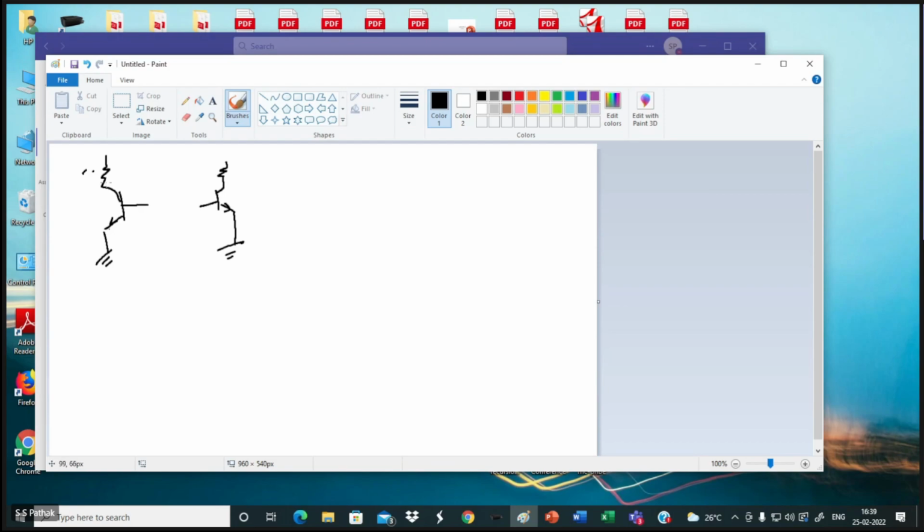Then I coupled the emitter with the base. This was coupled like this, and it was connected to the base. And here again the same thing, through a resistance. This was coupled to this base. This was my VCC. You remember the circuit? This was the one I made.